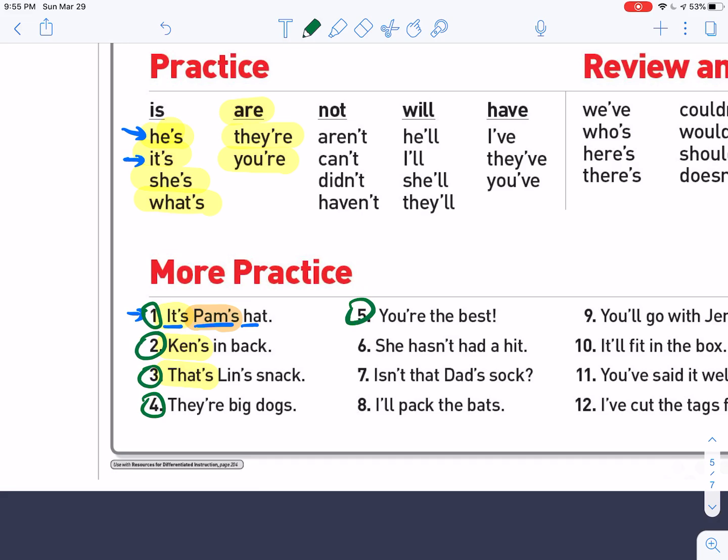So I want you to get a blank piece of paper and number from 1 to 5 and copy the sentences from this chart. Write C over each contraction. So a C is for the contractions. And then the P is for the possessives.